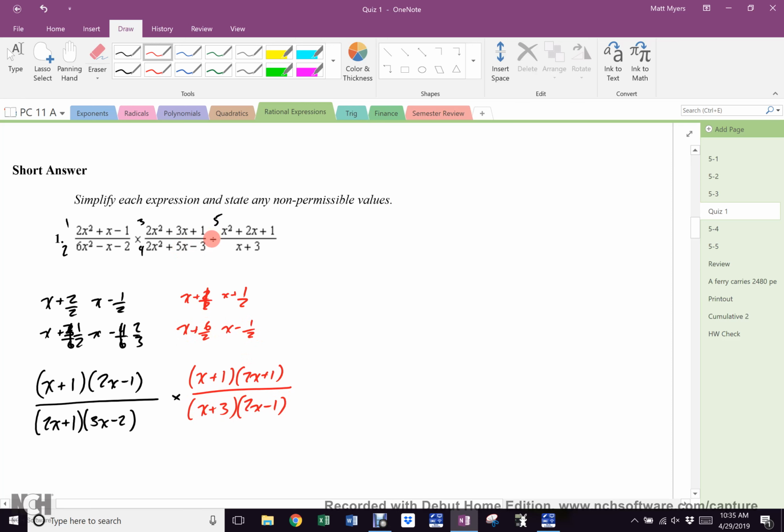Divided by, which means what? Multiply by the reciprocal. x plus 3 goes up top over, this needs to factor, x plus 1, x plus 1. Now, since I asked for non-permissible values, I need to check. Where?